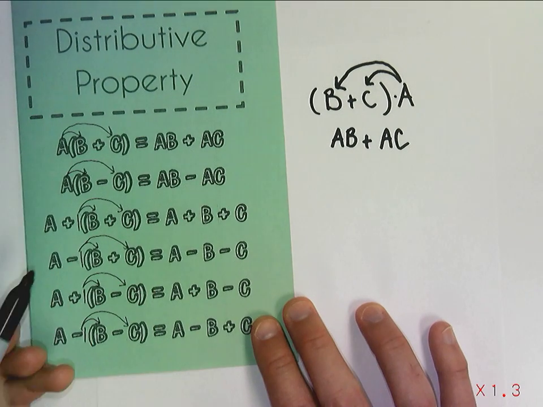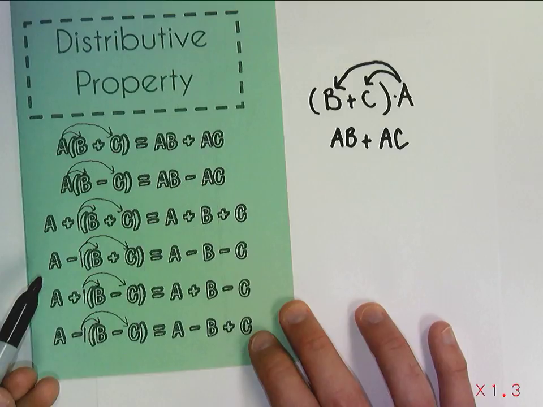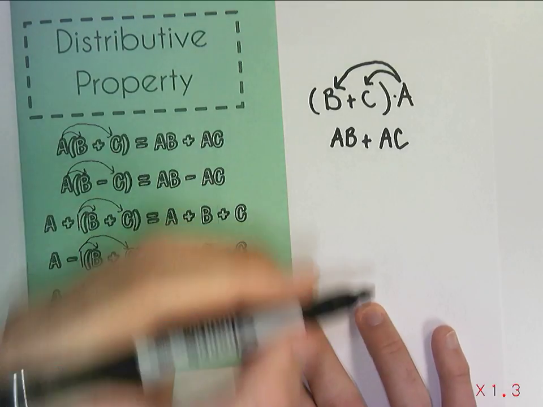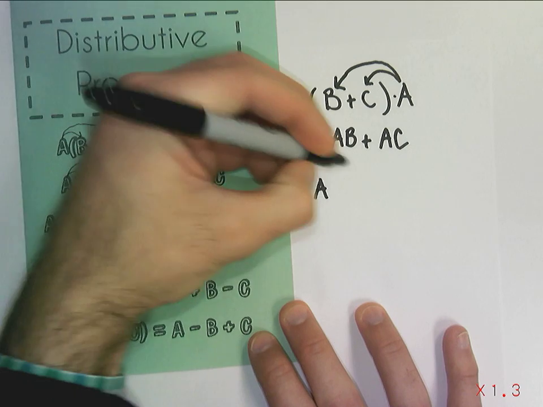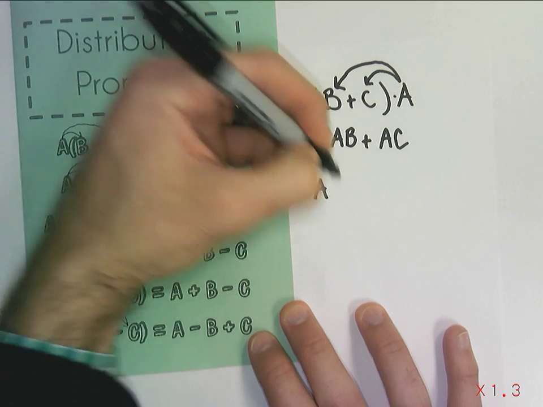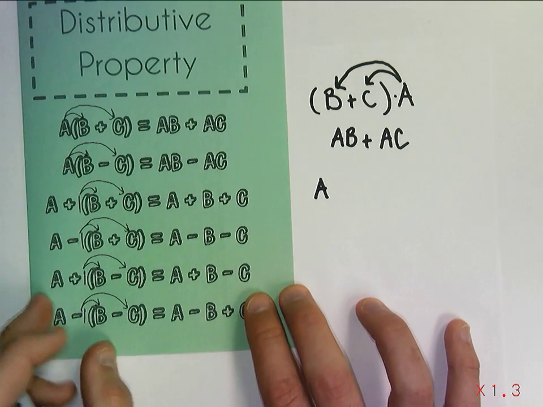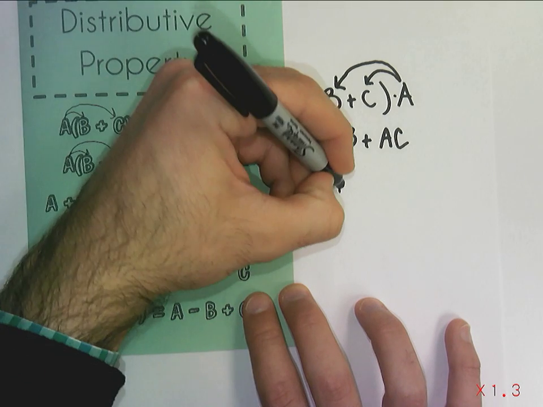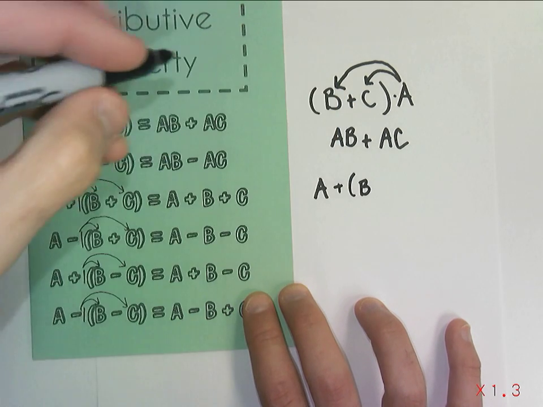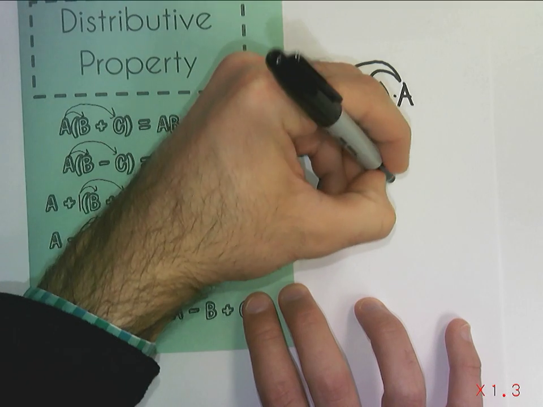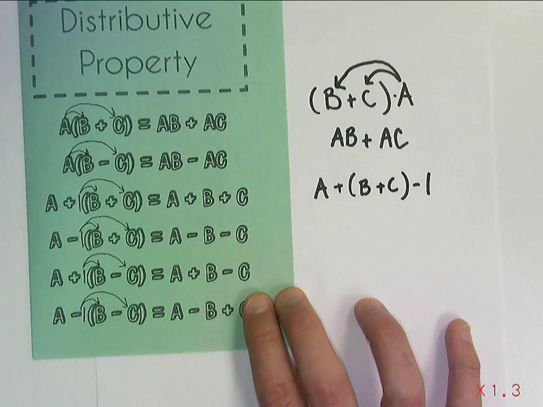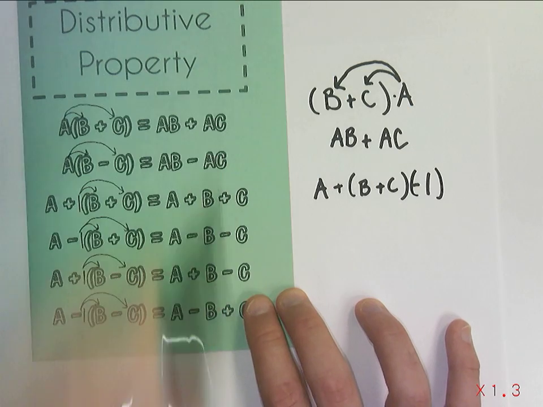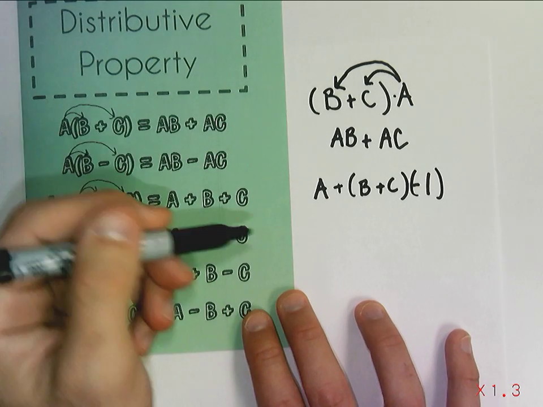So we could even do that with something like, let's take this one here, a minus the quantity b plus c. So if I did a, let's see, which one is it? I could say a plus b plus c times negative 1 on this side. I should show multiplication, so I'll just put that in parentheses real quick, because otherwise it looks like a minus 1.